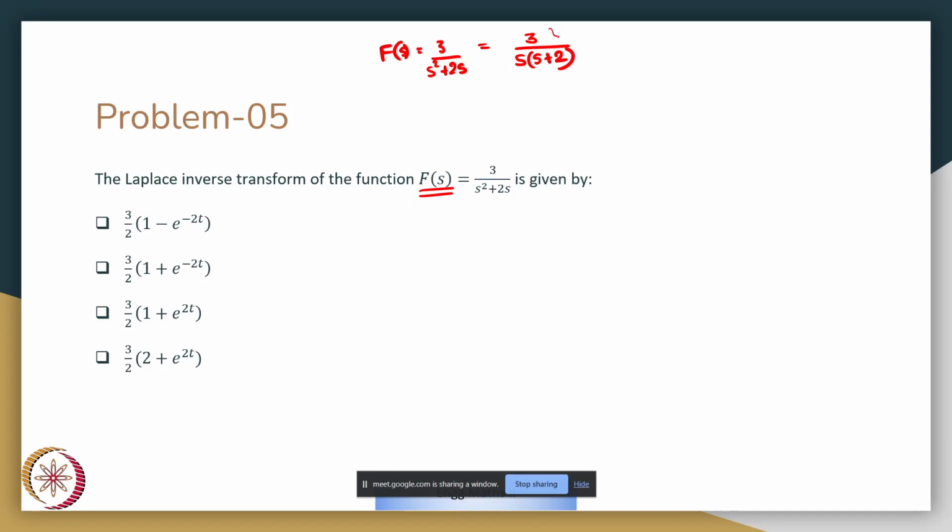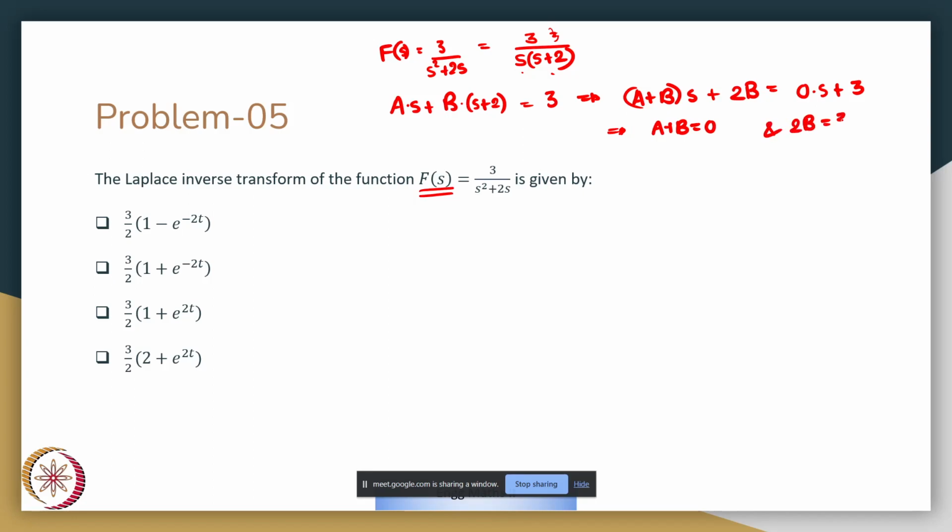Okay, now we want the numerator to be a linear combination of the factors of the denominator. So I could write a into s plus b into s plus 2 to be equal to 3, which would give me a plus b times s plus 2b is equal to 0 times s plus 3, which essentially gives me a plus b equaling 0 and 2b equaling 3. We will solve the second equation initially.